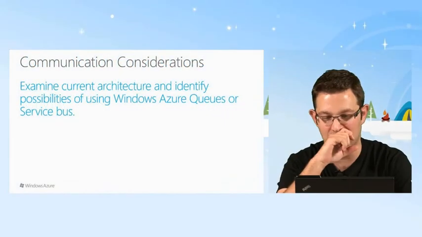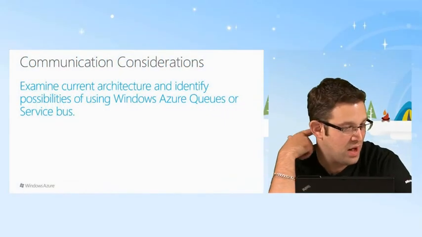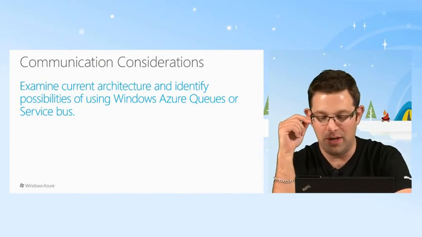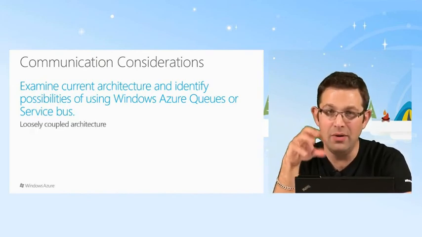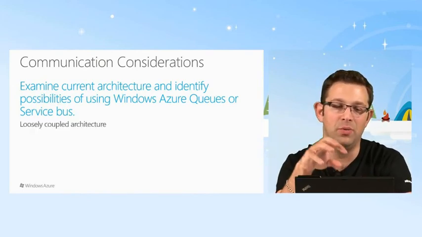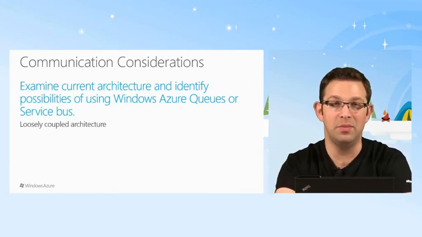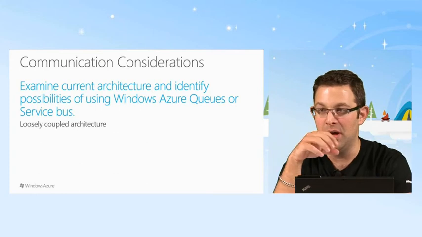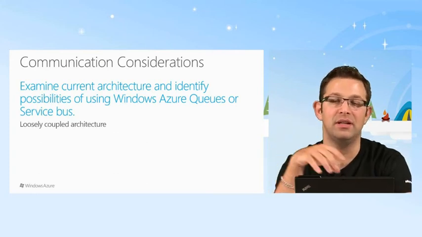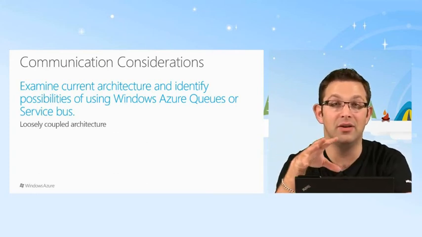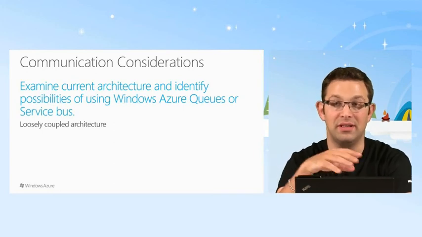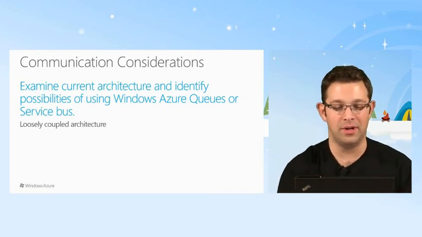We talked about the specifics of these in the other workshops, but what you want to think about here is how to get your application to a point where it's as loosely coupled as possible. Loosely coupled means that I have the ability to mix and match different services. It means that I have the ability to scale different parts of my application differently than other parts of my application.